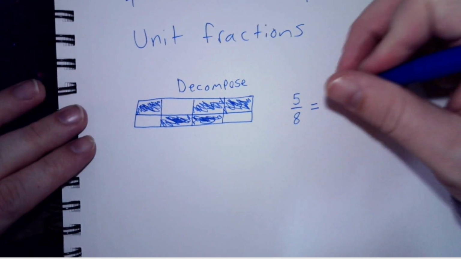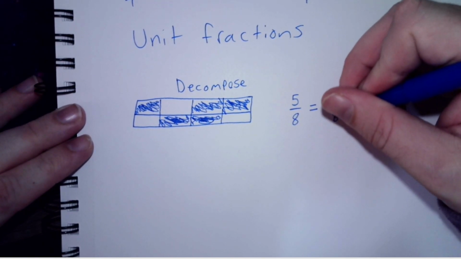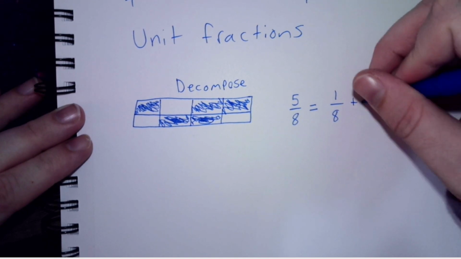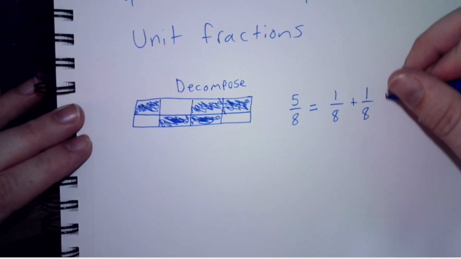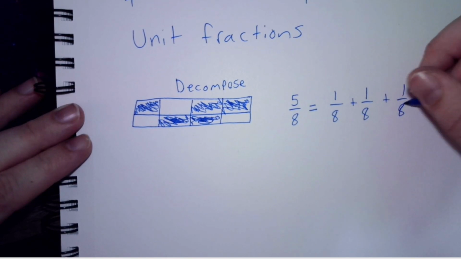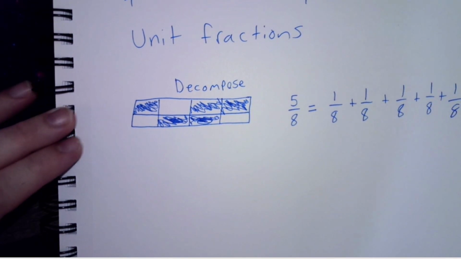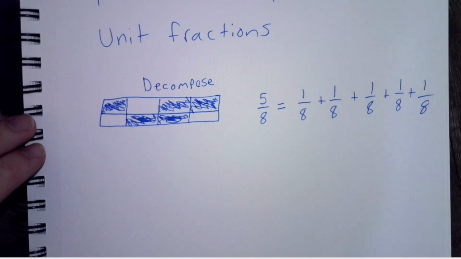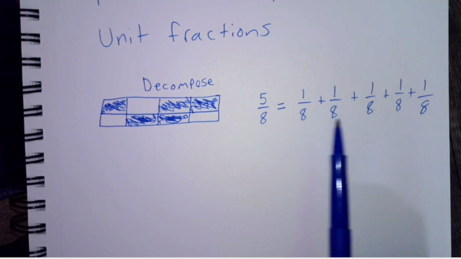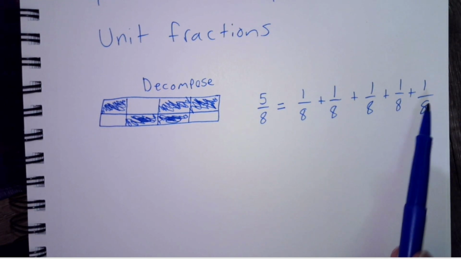So we'll break it down just like that. So there's 1/8 plus 1/8 plus 1/8 plus 1/8 plus 1/8. And there we go. 1, 2, 3, 4, 5.